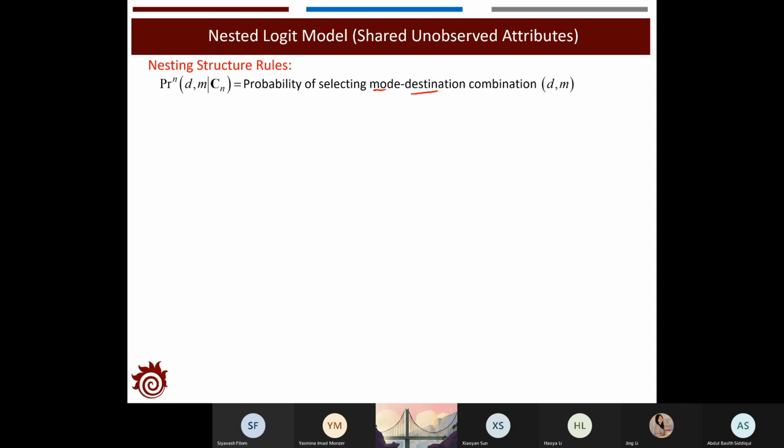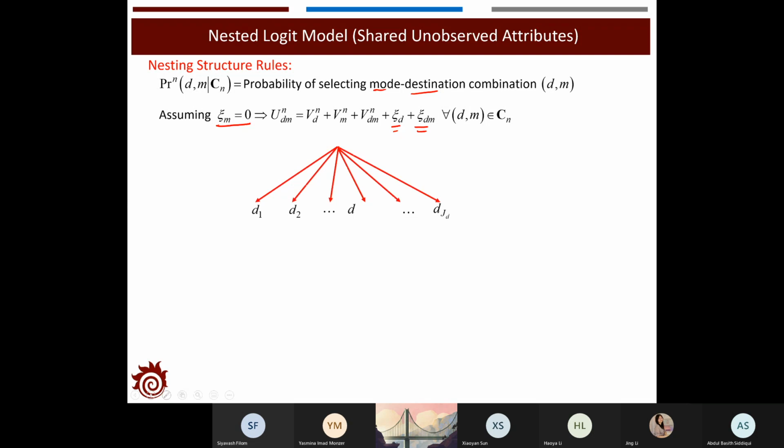And with that, we can first assume which kind of random terms we want to remove. Similar to the previous analysis, we remove one random term, epsilon m, for the mode m, in the utility function. So we will only have two different random terms, epsilon d and epsilon dm. Now, we can build the two levels for this nested logit model.